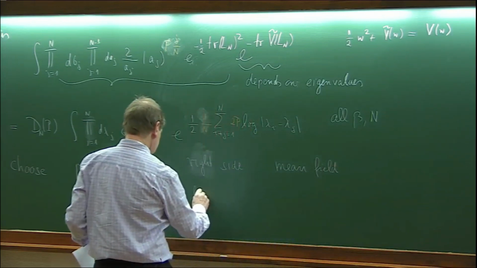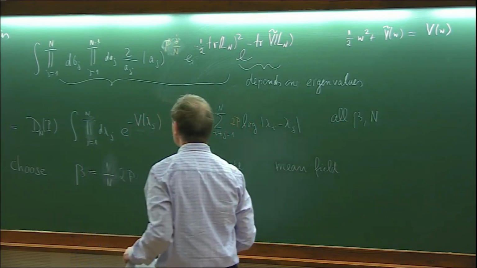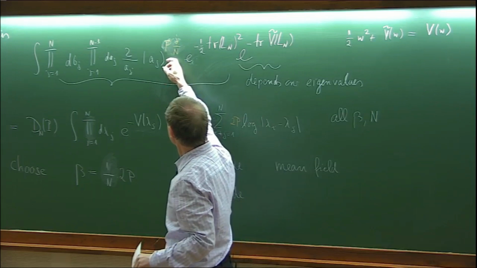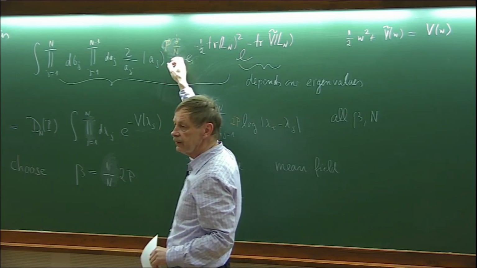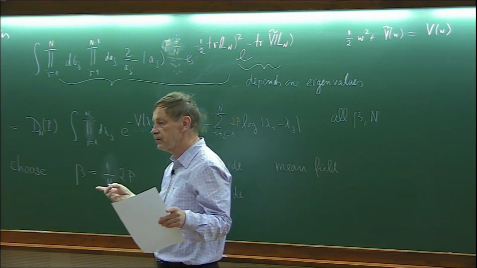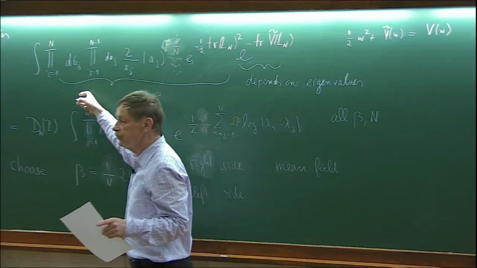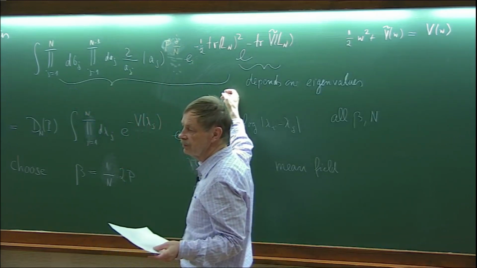Okay, so what about the left side? Well, now we have this pressure which is changing linearly, but it has a slope 1 over n. So in each little piece, the pressure will be constant. And so if I compute this thing here, it will be just the sum of the free energies. What else should it be?